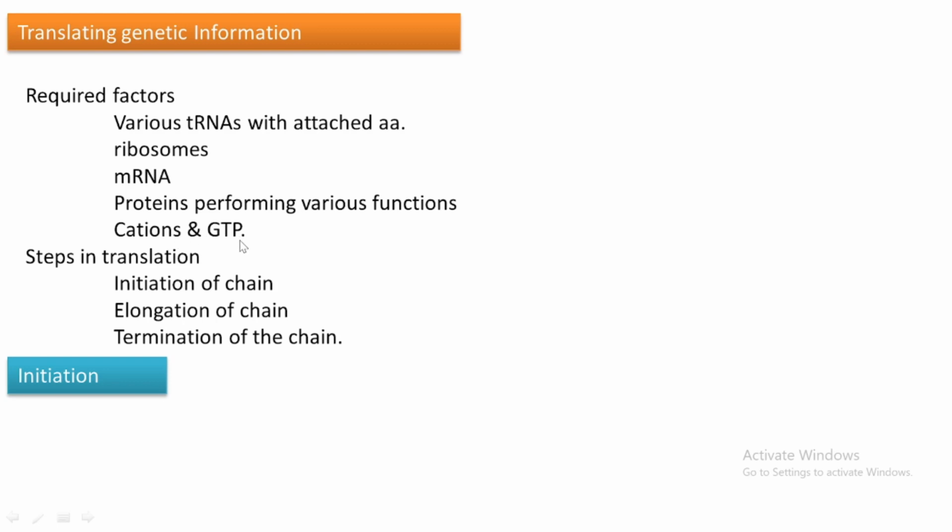Various cations, then GTP for giving energy, are some of the factors that are necessary for the translation process. Then which are the steps in translation? Initiation, then elongation, and finally termination. We will learn each step in a detailed way one by one.